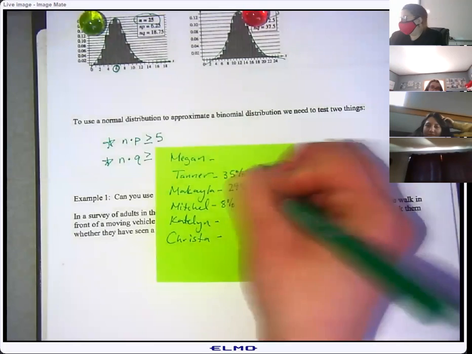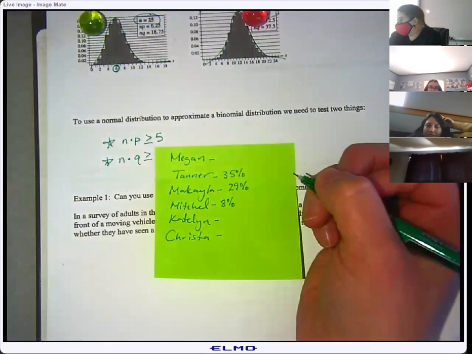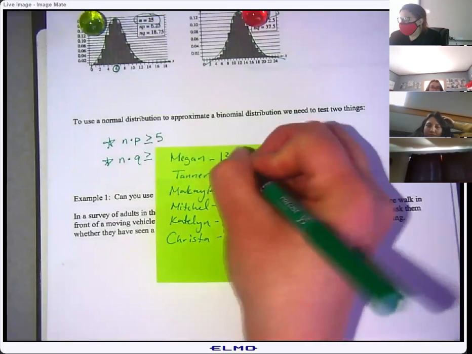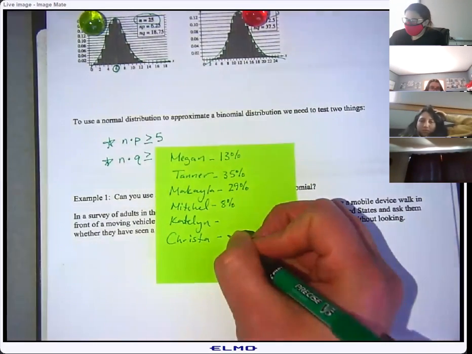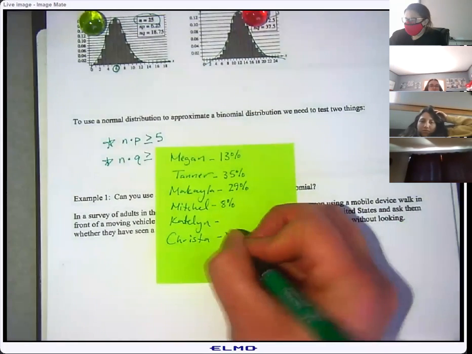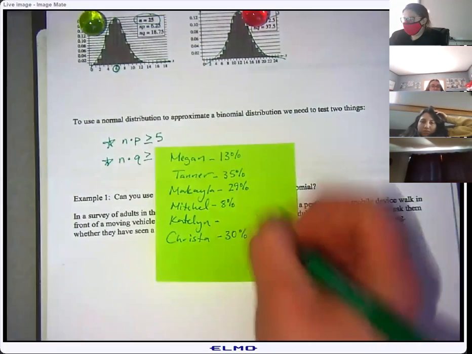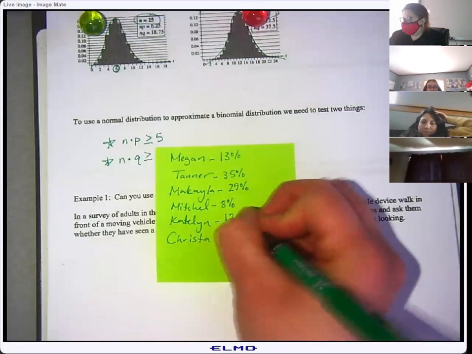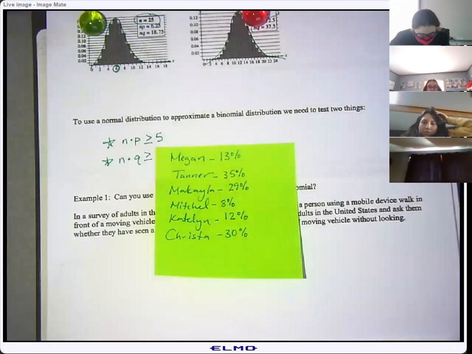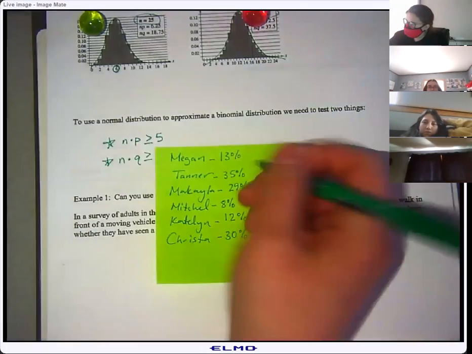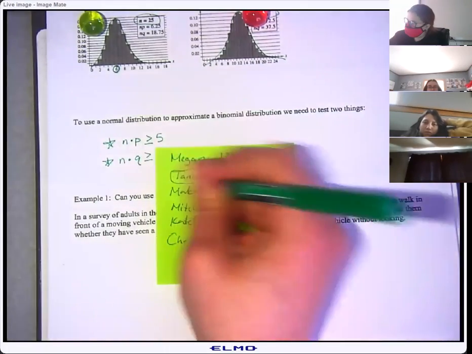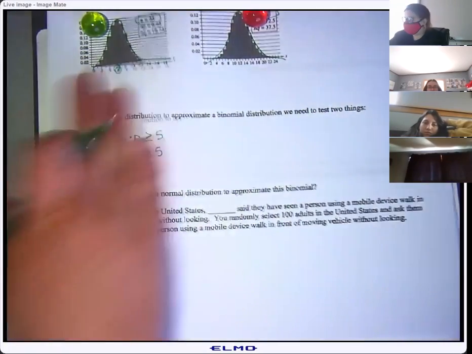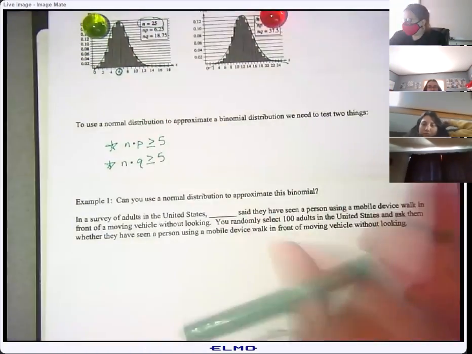Megan? 13%. 13. Krista? 30. 30. Caitlin? 12. Okay, no, we're all over the board. This is a good one. 34%, it turns out. Tanner, killing it here. That's a lot. That is a lot of people. Maybe they specifically asked people in New York City or something.